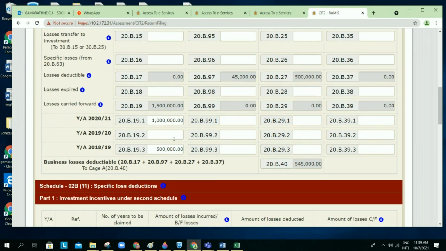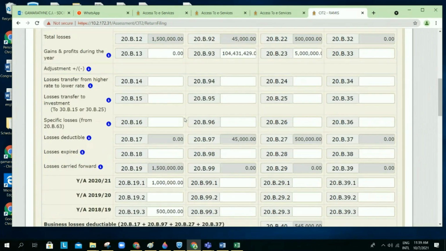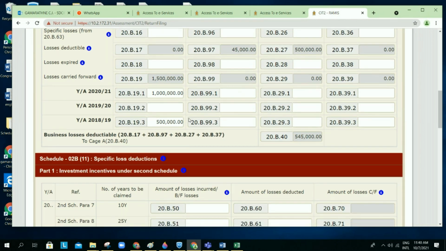Then you need to fill the carry forward breakup as per your loss incurred. You can enter this as you wish, but internally we match with the previous year return. At that time you have to rectify those issues. Therefore before submission you should take care about that, otherwise your return processing will be delayed.